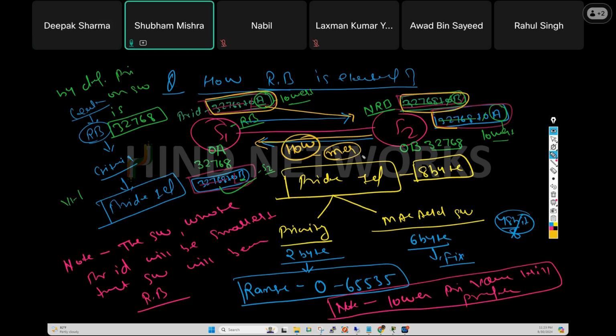Whatever switch 1 is exchanging with switch number 2, and whatever switch number 2 is exchanging with switch number 1, both data will be exchanged in the form of messages. Understand? Now, guys, there will be one medium, and through this medium, both switches exchange their bridge ID.